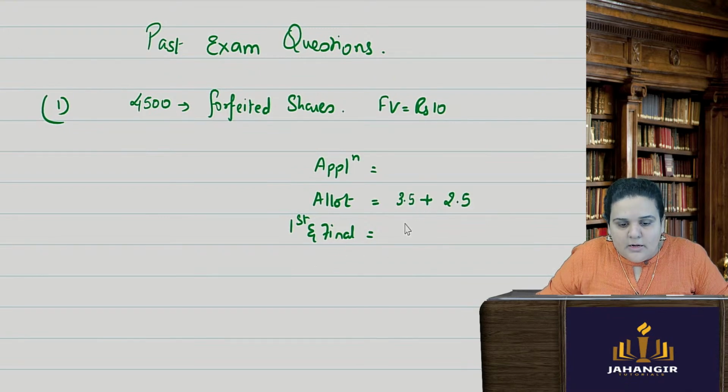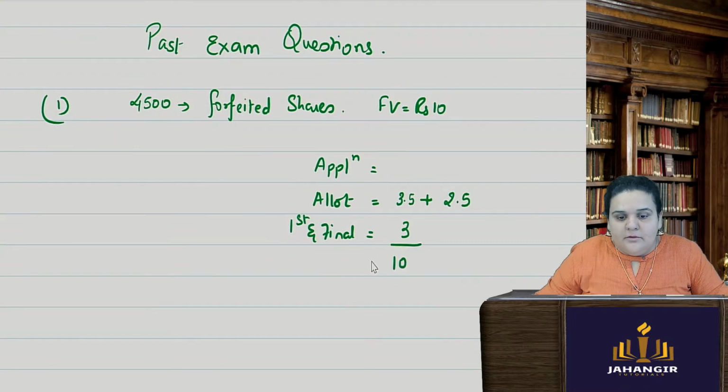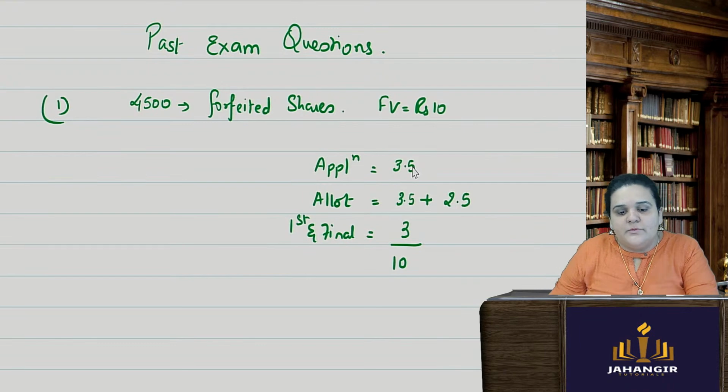And on the first and final call, it is rupees 3. Face value is 10. So from 10, if I subtract 3 and 3.5, I will get again 3.5, which means on application 3.5 rupees was collected.